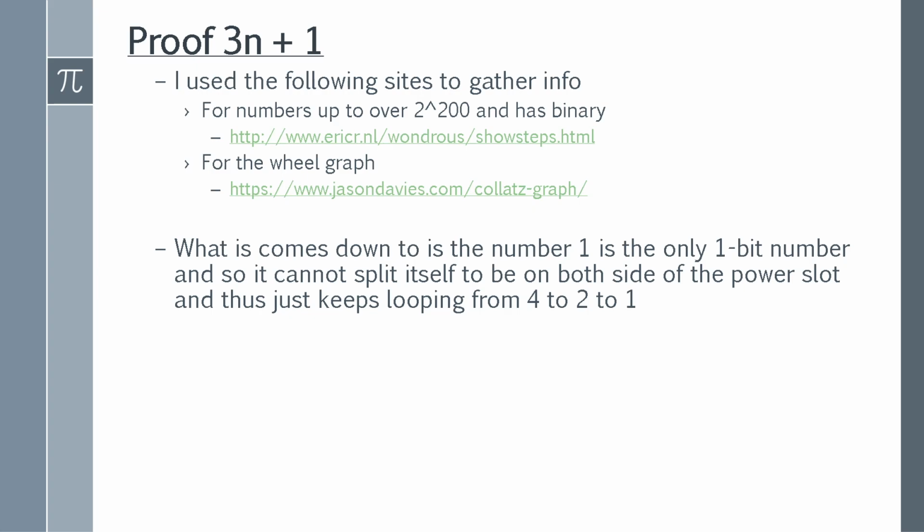So what this conjecture is trying to do with 3n plus 1 and dividing by 2 is divide the odd numbers in half on the right side of the power. And this is the way to do that. And so he discovered that it kept looping at the 4-to-1, and it's simply because you can't divide 1 in half.